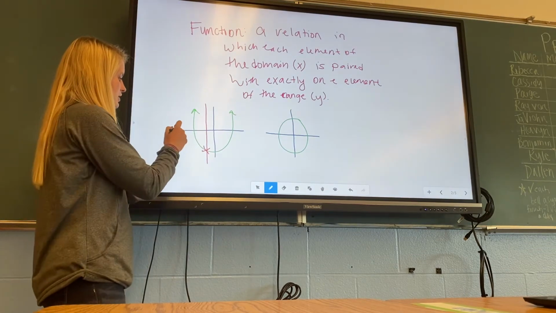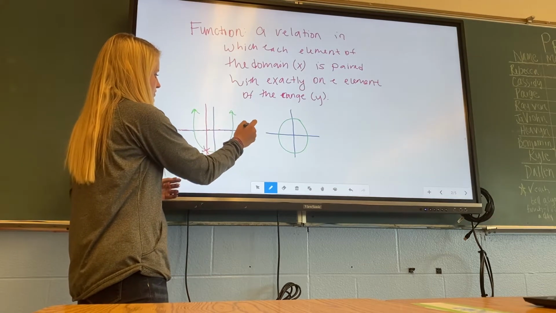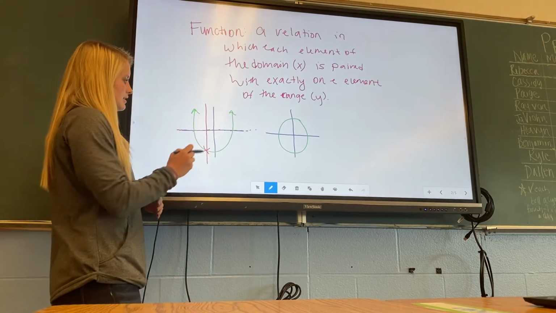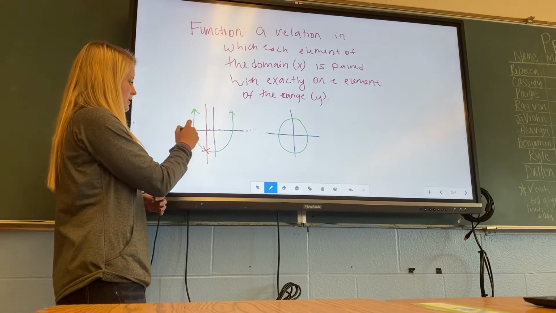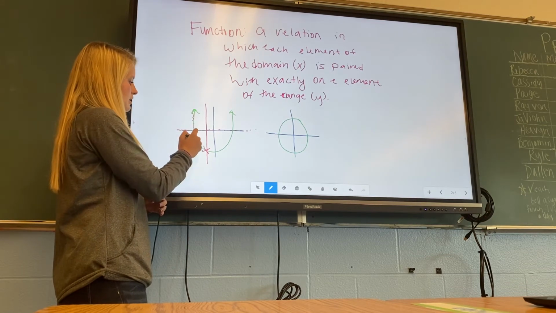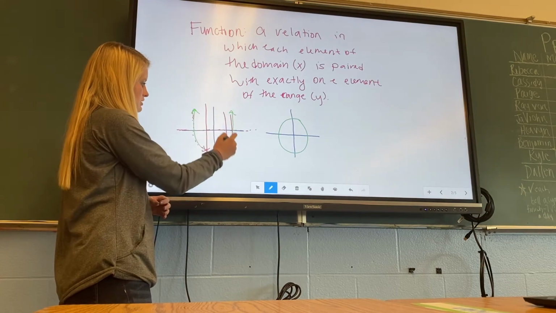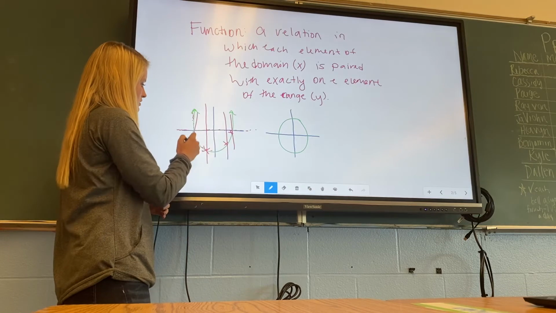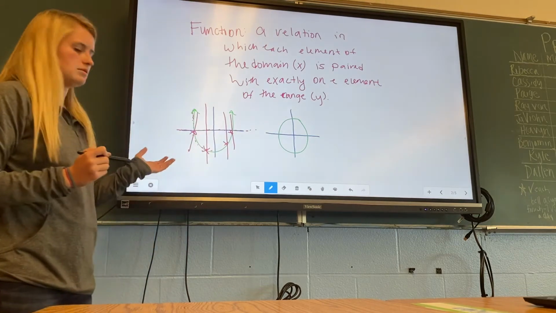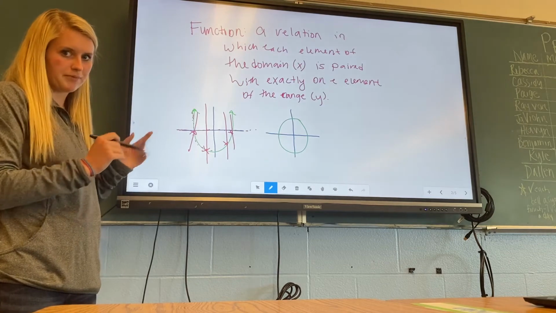Because each x along here, this is the x-axis, this is where you find the domain, each point along here only has one y. So I could go anywhere, draw a line, and it would only touch it once. Do you see what that means with the whole each x has exactly one y?